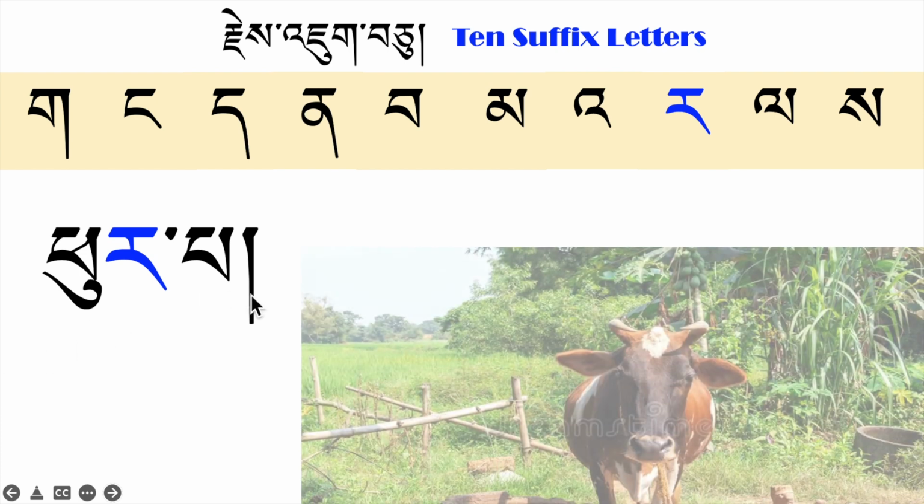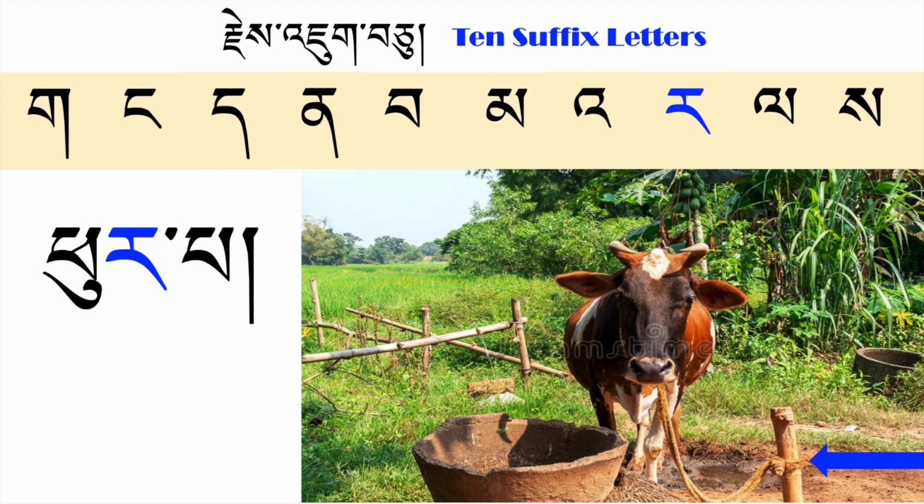Next one, purpa. Purpa also means wooden stake. You can see here the cow is tied with this one. In other parts of the world they use very simple methods, sometimes tying to a pillar, and sometimes they use this kind of strong stake.